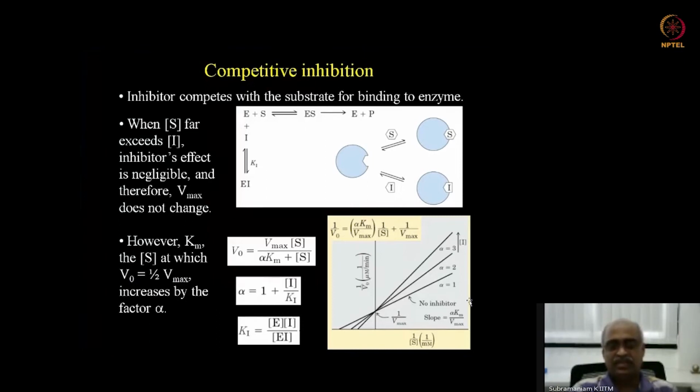A good example: nowadays this is quite common in the newspaper. In many states, alcohol is not freely available, so people drink all kinds of solvents that usually contain methanol. Methanol is usually added to industrial alcohol to make sure people do not drink it, because methanol is poisonous while ethanol is not.